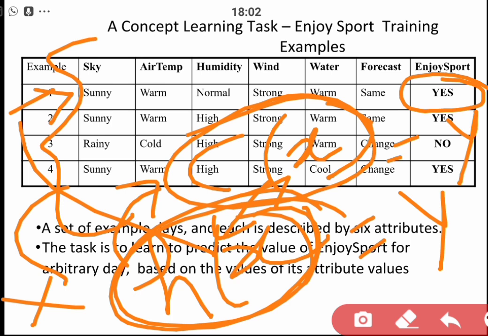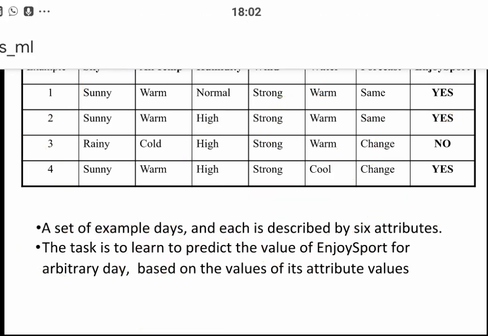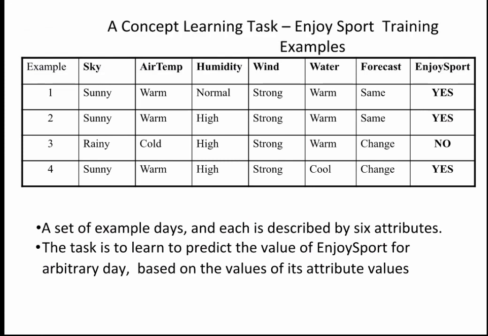For example, if it is an equation, we don't know what that equation actually is. We are just trying to form the idea of a hypothesis from the combination of features that we have. So this is how we are going to proceed in our concept learning.